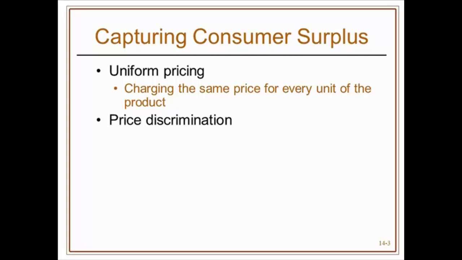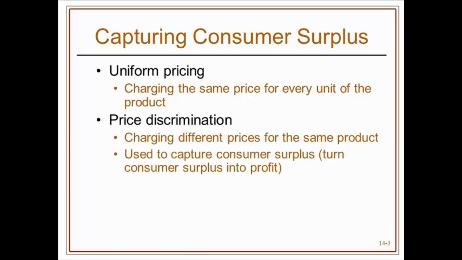This idea of charging people different prices based on their willingness to pay is what we call price discrimination. And I guess the basic definition is just charging different prices for the same product. But as we'll see, the reason you do this is to charge people based on their willingness to pay. And again, the company wants to be able to capture that consumer surplus.